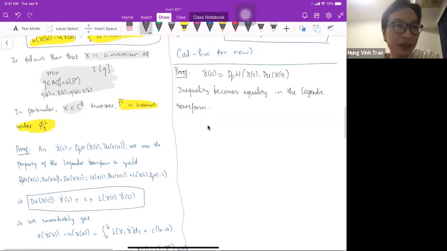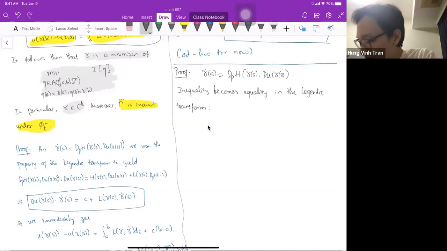Again, we are using it again and again, that in general you have v is D_pH, right? So v is D_pH. Again, this plays a role as v. That's when equality happens. So you have v dot with p, where p is Du, so this is p.